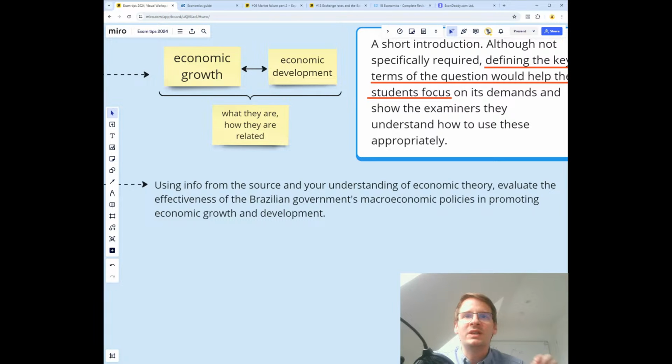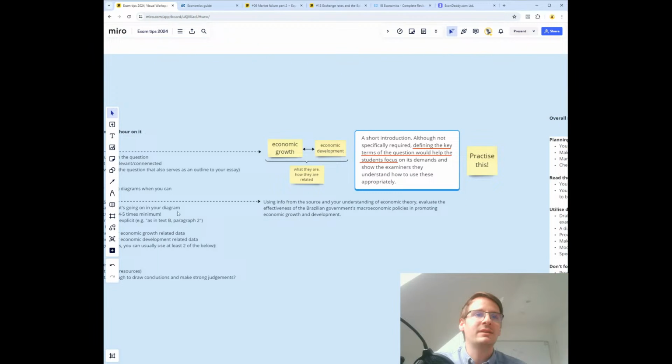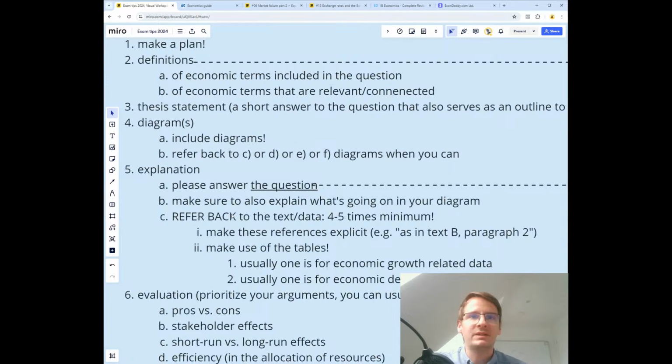But if the question is so focused on what's actually in the text, don't start making up your own policies, because then the examiners will simply look at your essay and they will say for most of it that it's irrelevant because it's not answering the question. So please read the question and make sure you completely understand it. Also, make sure you explain what's going on in your diagram, and very, very importantly, refer back to the data or the text at least 4 or 5 times.